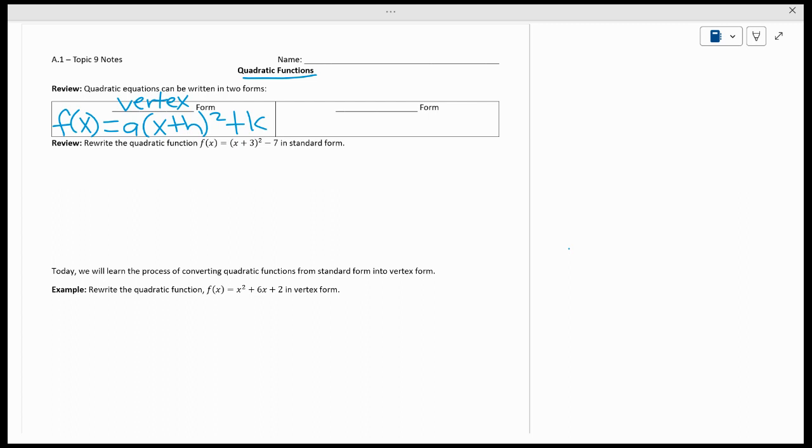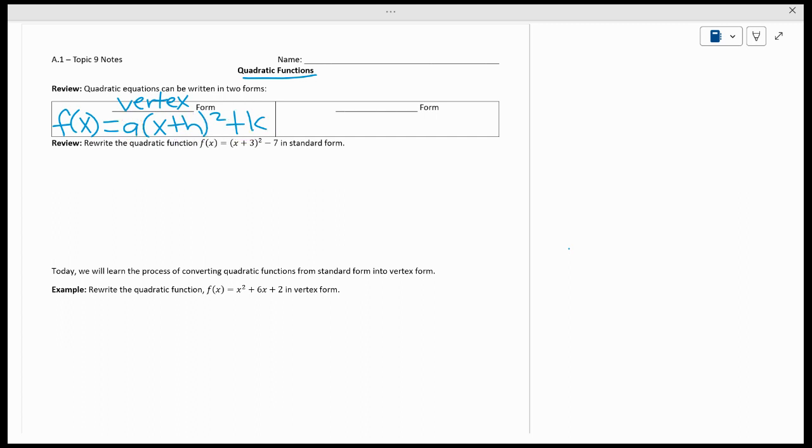And if you remember all the characteristics, this number would tell us if it opens up or down, and then if it was wide or narrow. And then h and k would tell us the vertex. Where's the vertex? You do the opposite of the inside, you keep the outside the same.